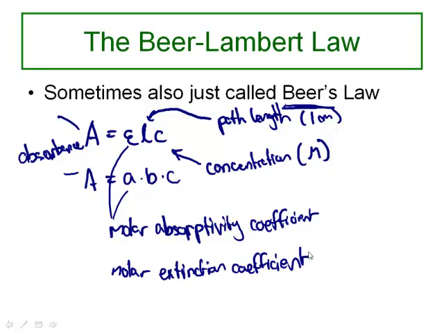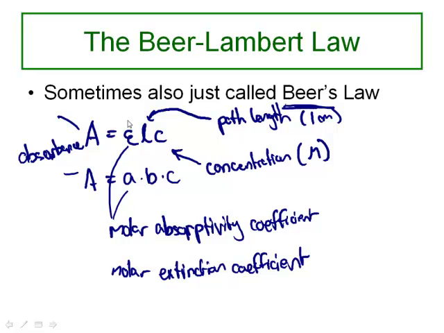Something you guys want to write down about this value is that it is different for all different chemicals, okay? And it depends on the wavelength. What this tells you for a given substance is basically how strongly it absorbs light at a given wavelength, okay?